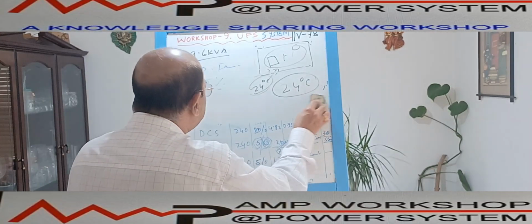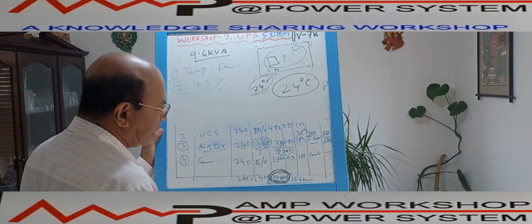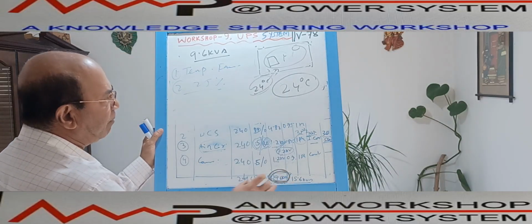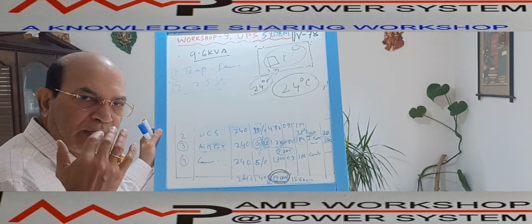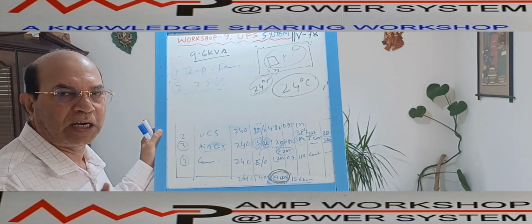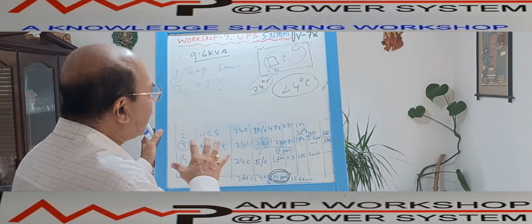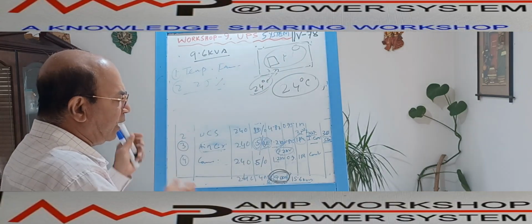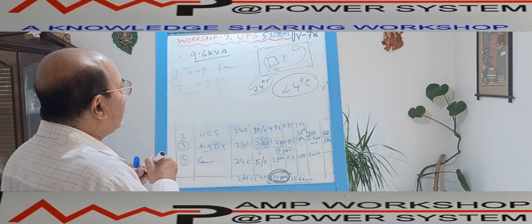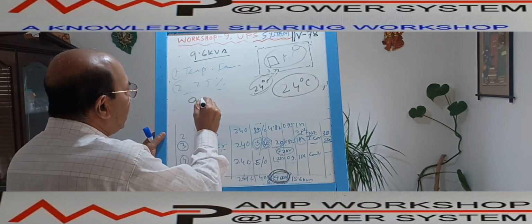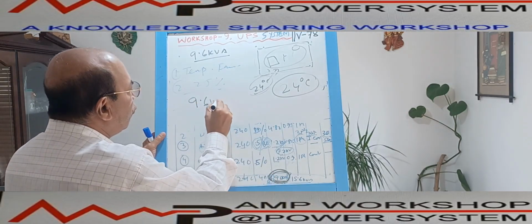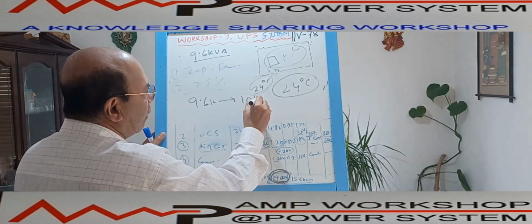So suppose this 9.6 kVA is at an operating temperature of, suppose, 40 degrees centigrade. If the temperature goes above 40 degrees centigrade, then, since 9.6 kVA is the load kVA, we can consider, suppose, 10 kVA as a round figure.